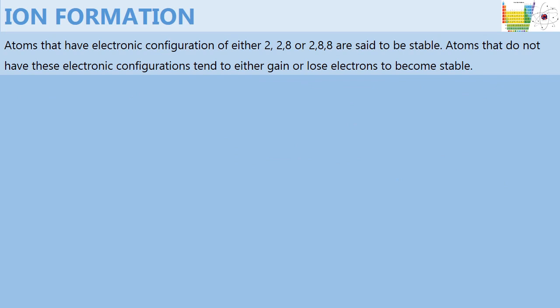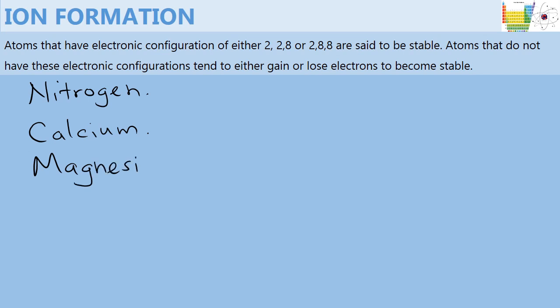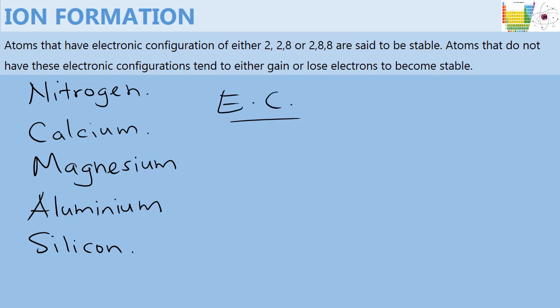You can try to find out how the following elements will become stable. For example, nitrogen, calcium, magnesium, aluminium, silicon. The first step is always to write the electronic configuration.